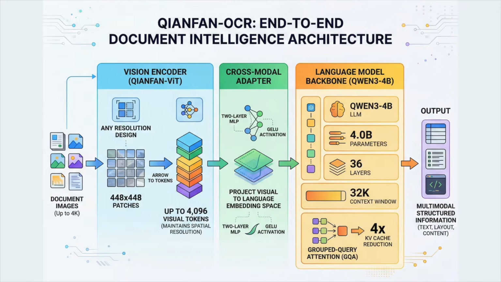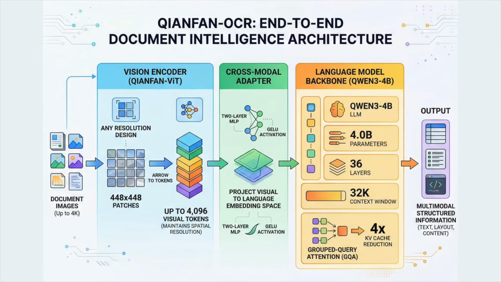The vision encoder Qianfan-VIT employs an any-resolution design that tiles images into 448 by 448 patches, supporting variable resolution inputs up to 4K. This encoder can generate up to 4096 visual tokens per image, ensuring the spatial resolution necessary to recognize small fonts and dense text.